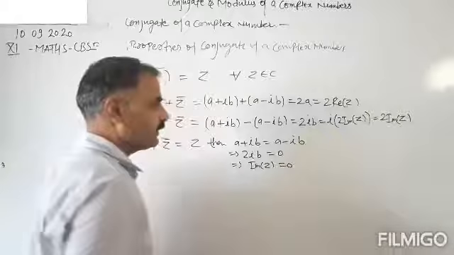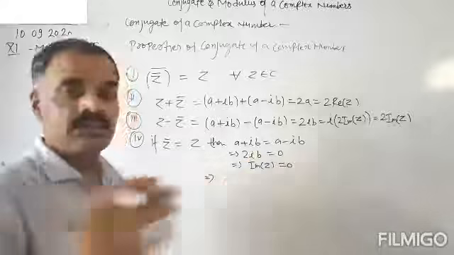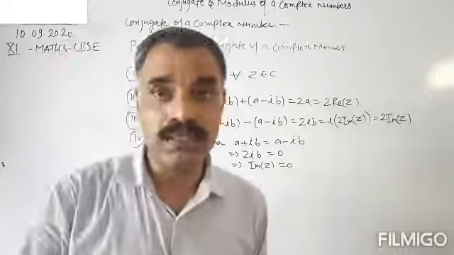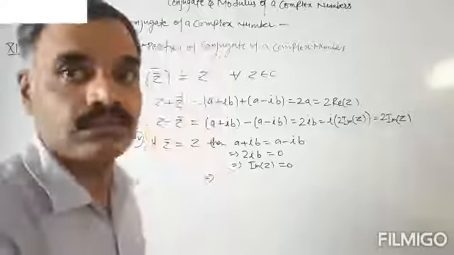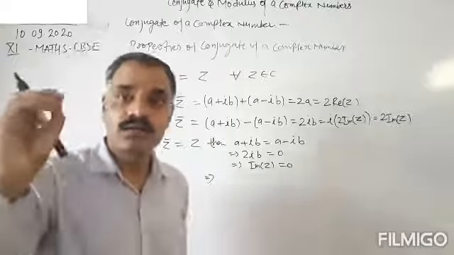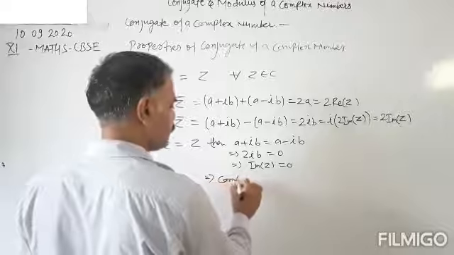And imaginary part equal to 0 means the complex number has only the real part. So the complex number is purely real.